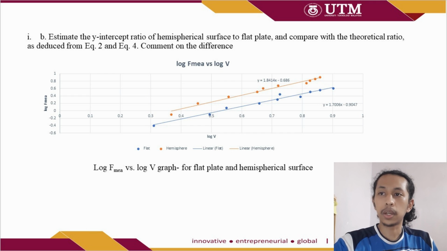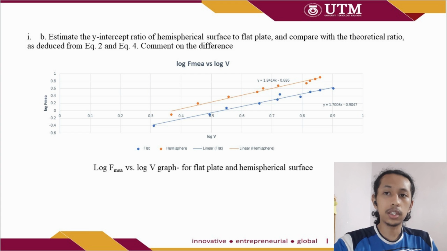For discussion part 1b, we are asked to estimate the y-intercept ratio of the hemispherical surface to the flat plate and compare with the theoretical ratio as deduced from equation 2 and equation 4, and comment on the difference. As you can see in the graph, the line of best fit is a linear graph, and we know the slope of the graph.